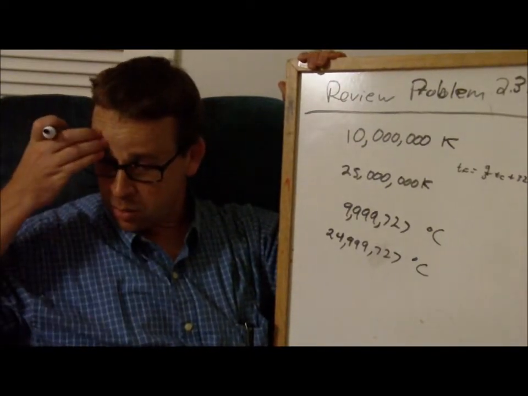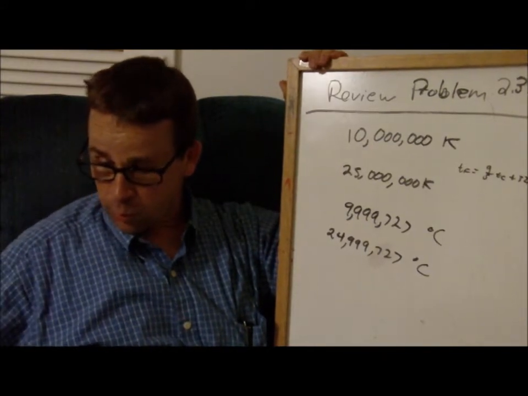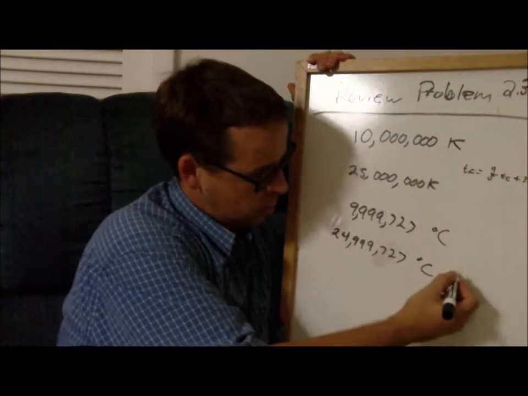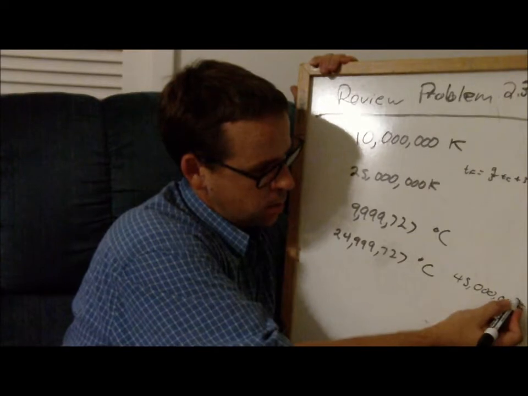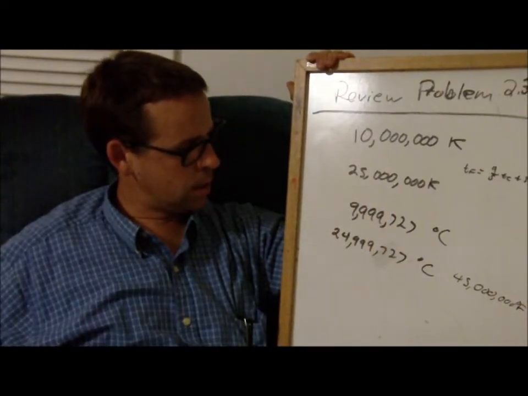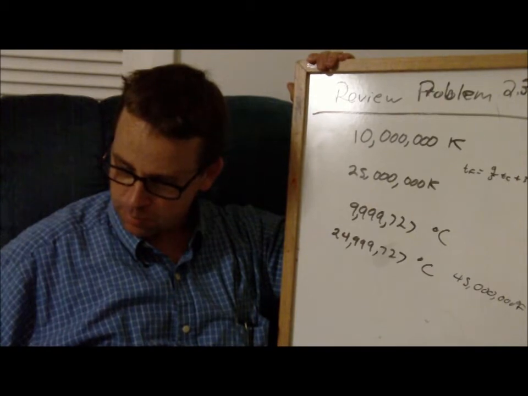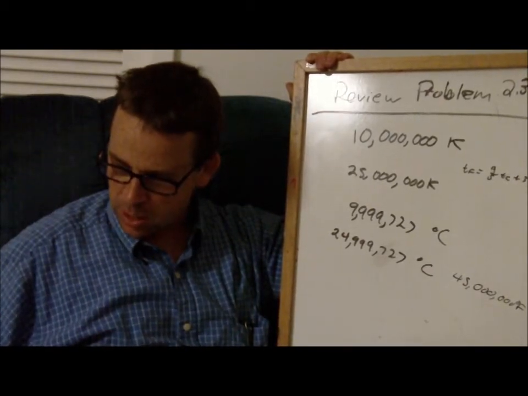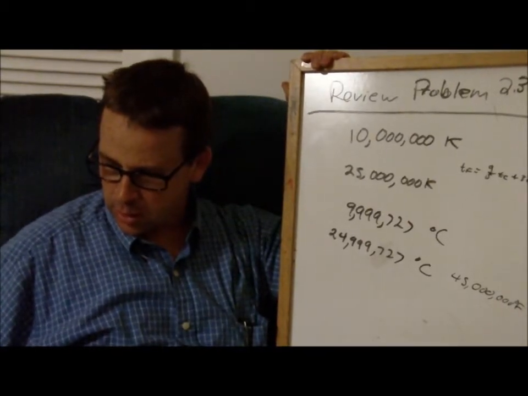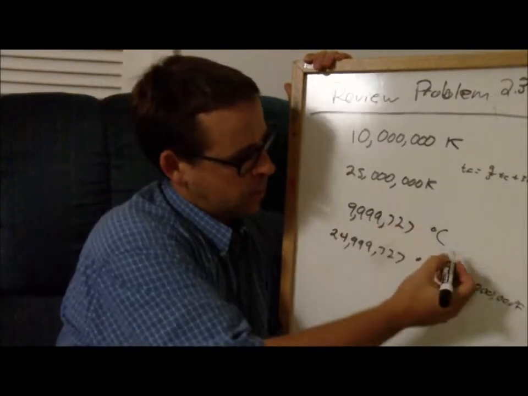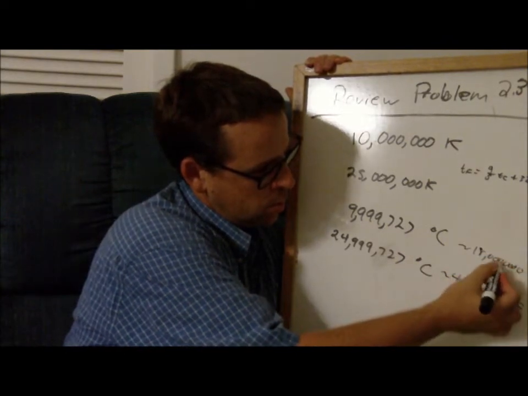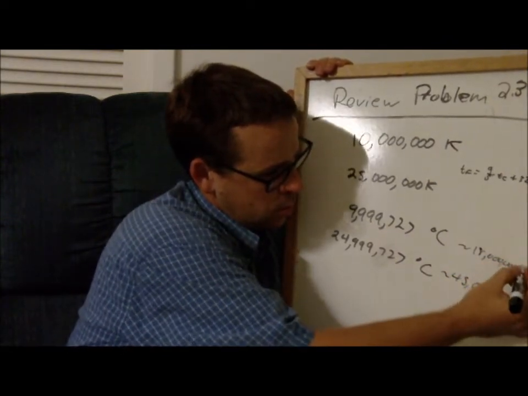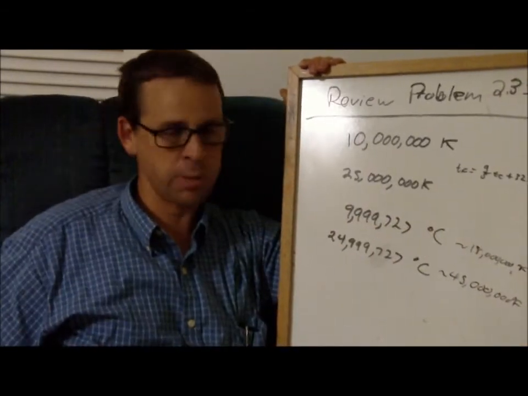So we're looking at approximately 45 million degrees Fahrenheit here. And 9,999,727 times 9 divided by 5 plus 32, we're looking at approximately 18 million degrees Fahrenheit. So about 18 million degrees Fahrenheit to 45 million degrees Fahrenheit.